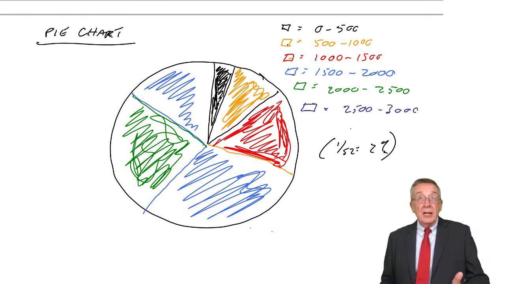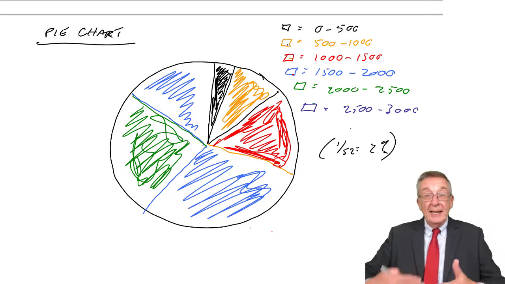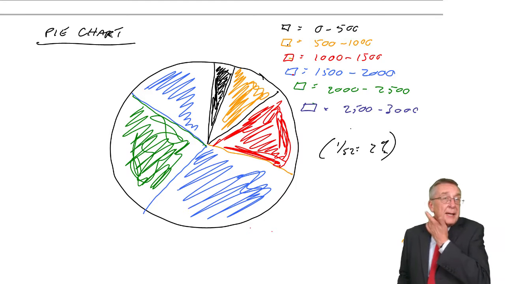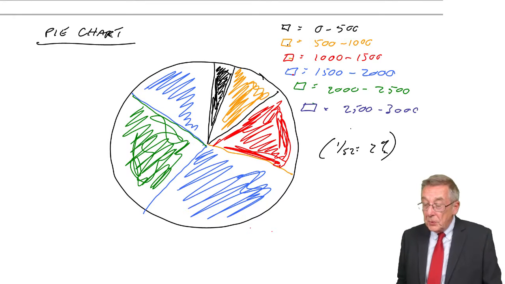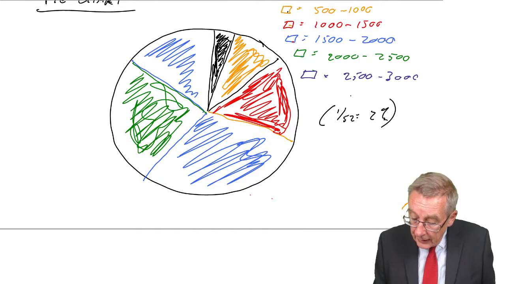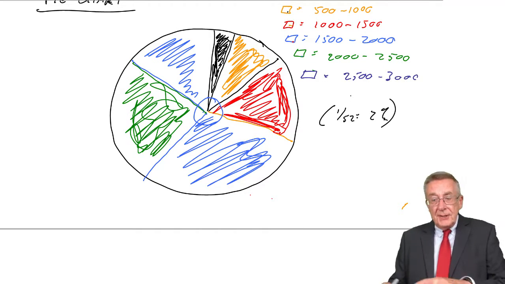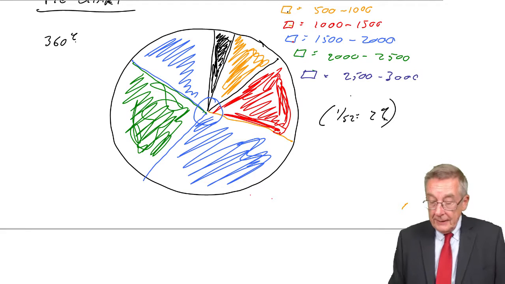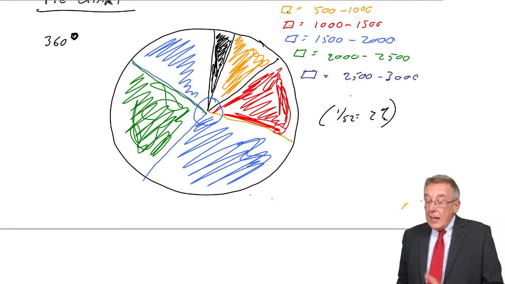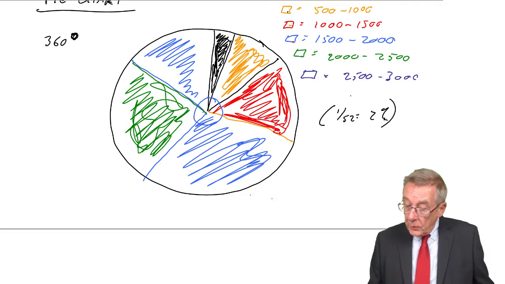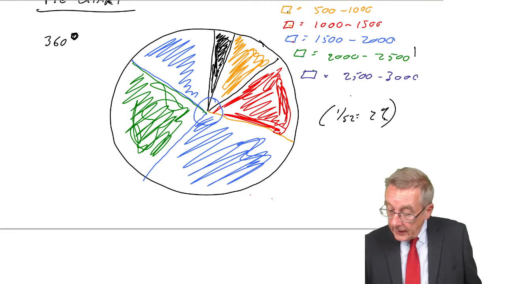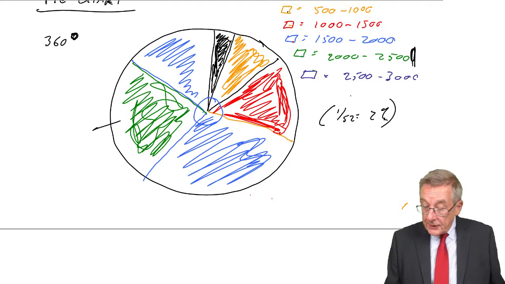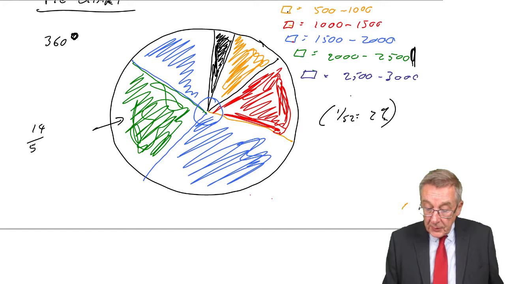And of course it's a pie chart because it looks like a pie cut into slices. One thing to bear in mind, you should know, I think, from school, that there's 360 degrees going all the way around a circle. And therefore, if we're doing, let's say 2,000 to 2,500, there were 14 people in this group. There were 14 out of 52.